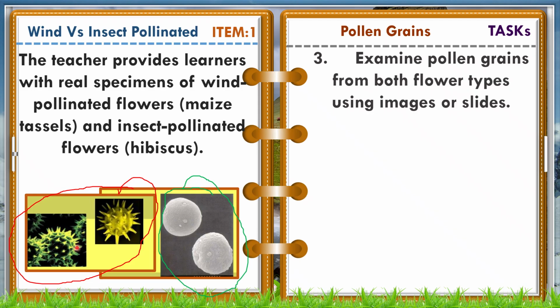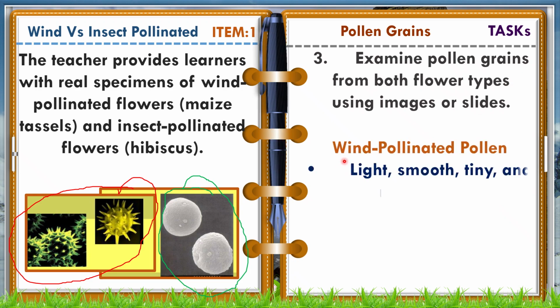You can see how it looks like. And you have this type here. Can you see any difference between these two types of pollen? So let's go back to our task. Examine pollen grains from both flower types using images or slides.